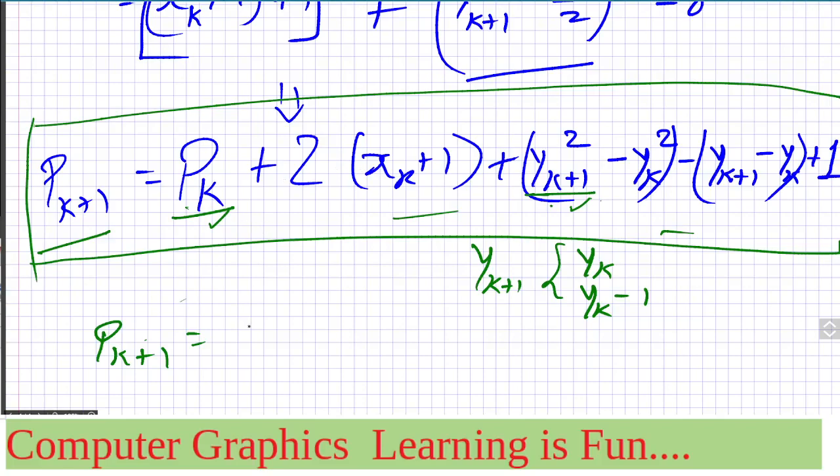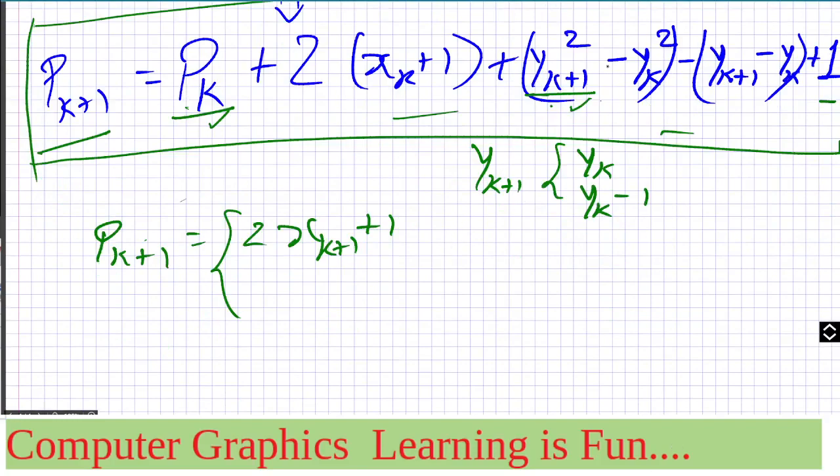So you will get something like 2xk plus 1 plus 1. If at all this is yk minus 1, in that case what will you get?